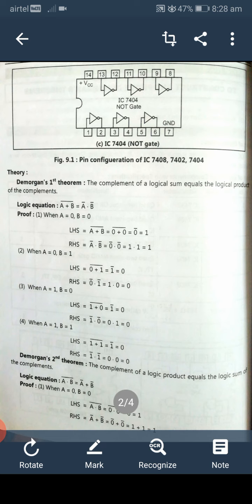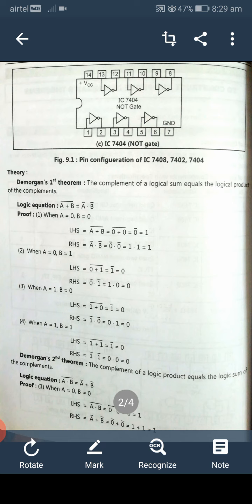Similarly, right hand side, complement A plus complement B is equal to complement 0 plus complement 0, and complement of 0 is equal to 1, another complement of 0 is equal to 1, is 1 plus 1, and that is equal to 1. So, left hand side is equal to right hand side.